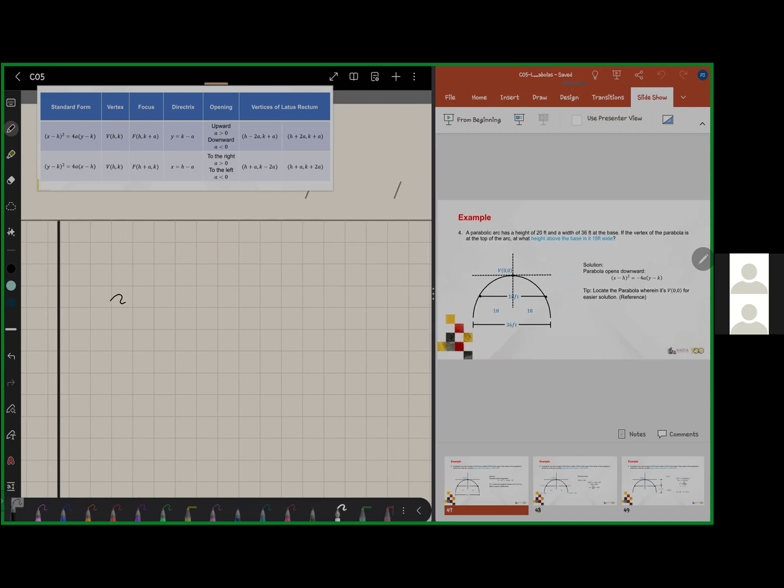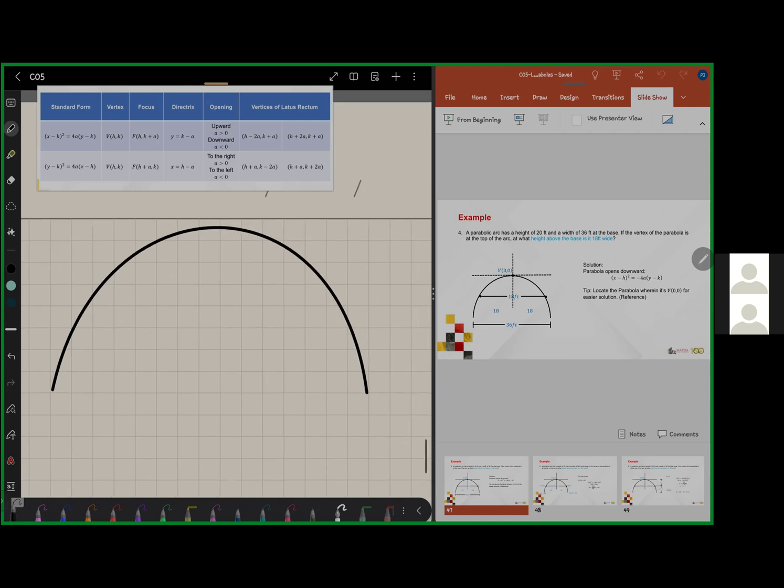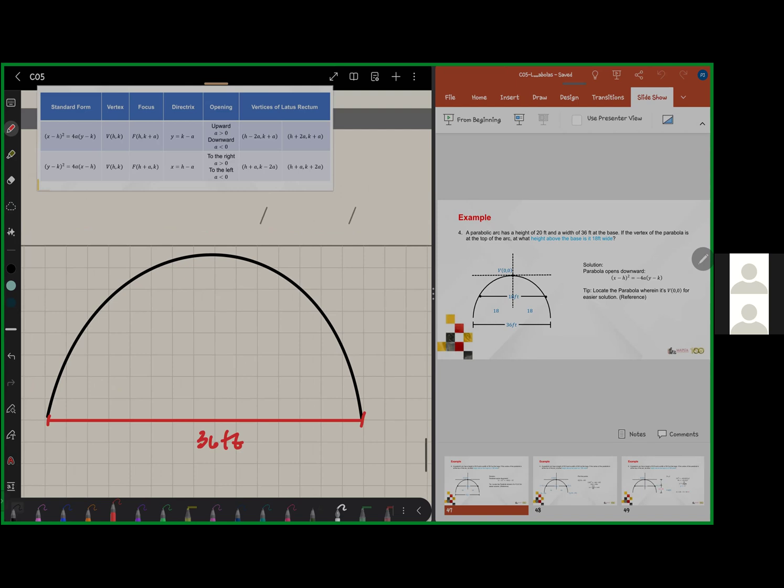So here, let us try to find this. We are tasked to find at what height it is 18 feet wide. So sorry for the drawing. If this is our parabola, it is stated that the width of the parabola at the bottom is 36 feet, and the height is 20 feet.